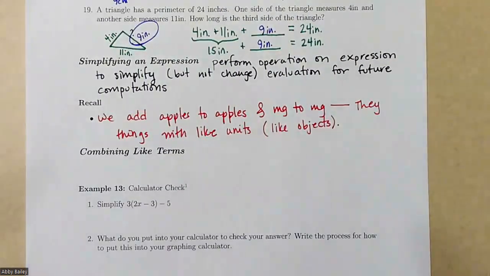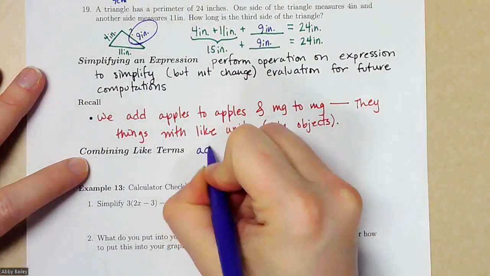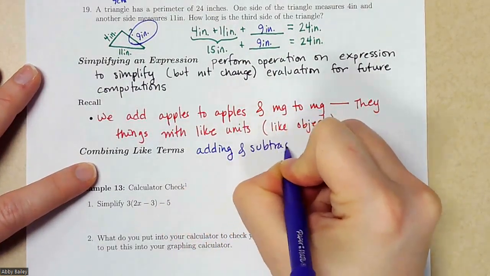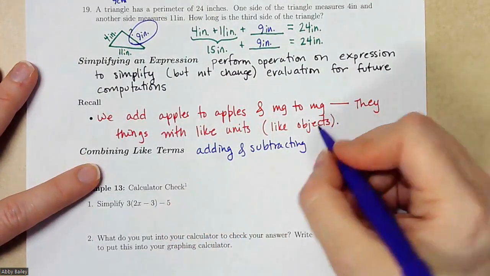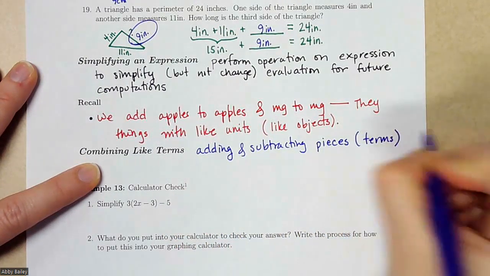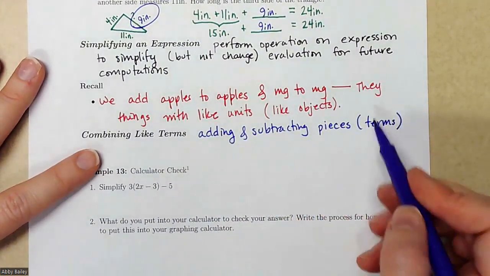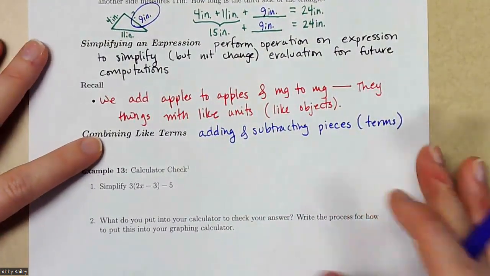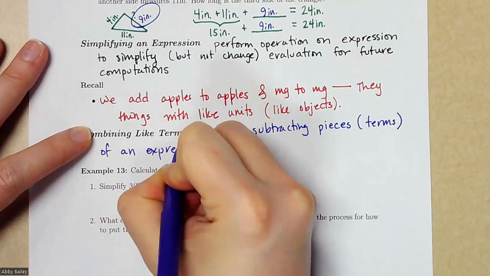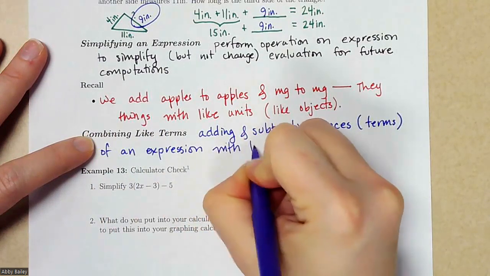We're saying how they are alike. So when I think about combining like terms, we are adding and subtracting pieces. The math vocabulary is adding and subtracting terms, but I kind of like the word pieces of an expression, with like units.